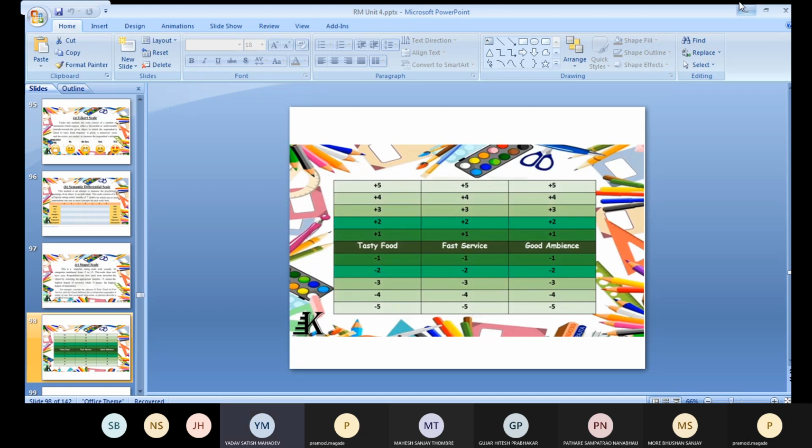Anyone? Good governance, bad governance, in that type. Correct. So as per the work done, we'll have to maintain the criteria minus to plus. Absolutely right. Anyone? Correct. Of course this is the very simplest part. So we'll have to consider this as the staple scale.